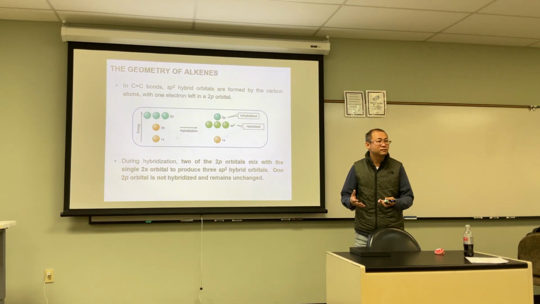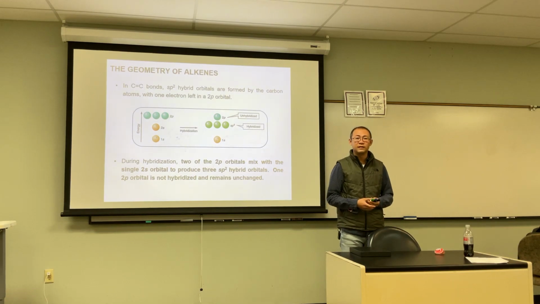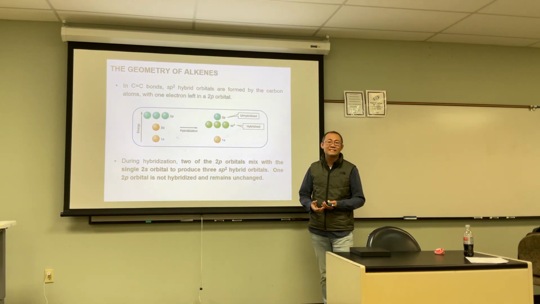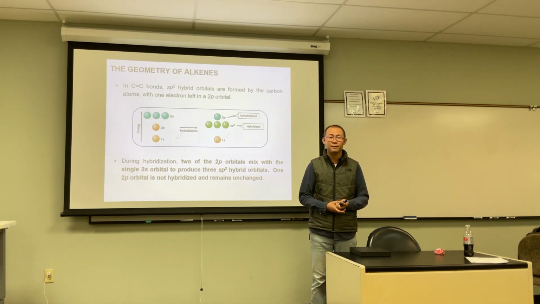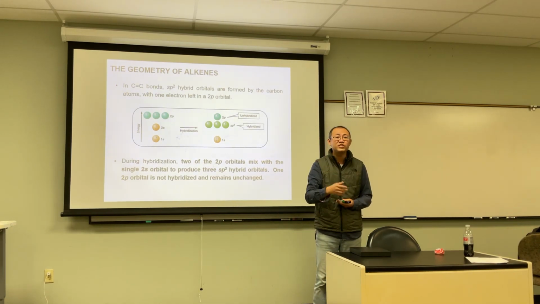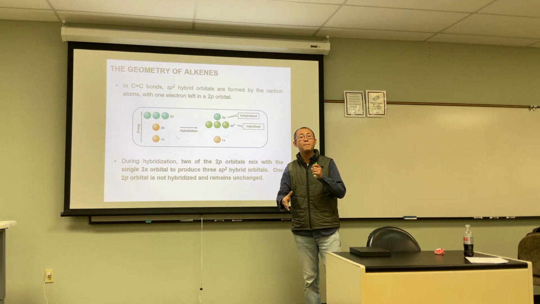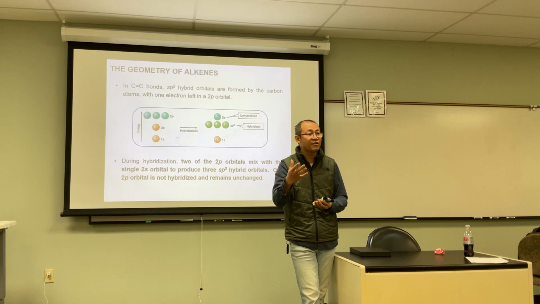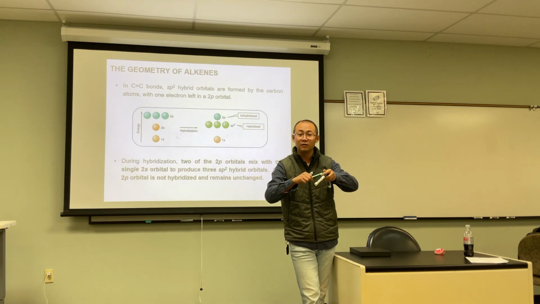Let's take a look at what's going on for a carbon when it is involved in a CC double bond. Before we do that, let me ask you, we studied in chapter 1 when carbons are involved in single bonds, what's going on with that carbon? It is hybridized into what? 4 sp3 what?